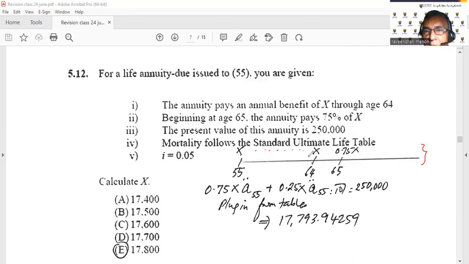When you look at the timeline, what I have chosen to do is write this as 0.75X all the way. So we can write this as 0.75 plus 0.25 all the way up to here.